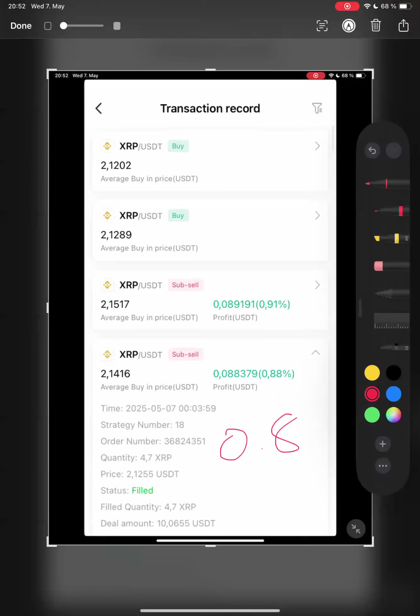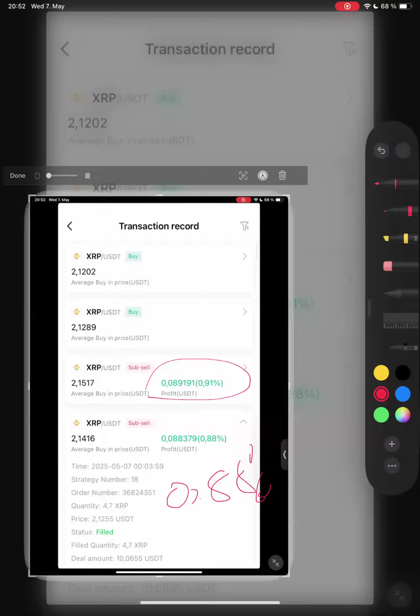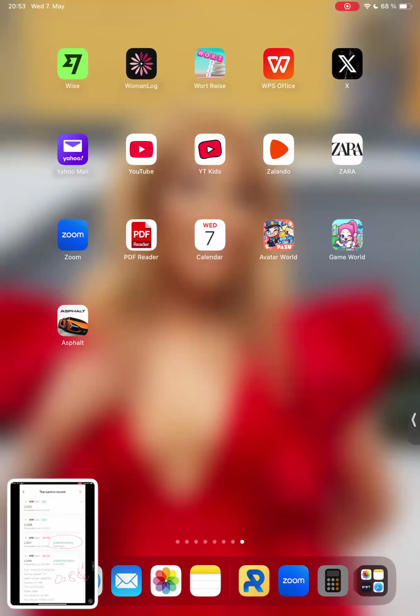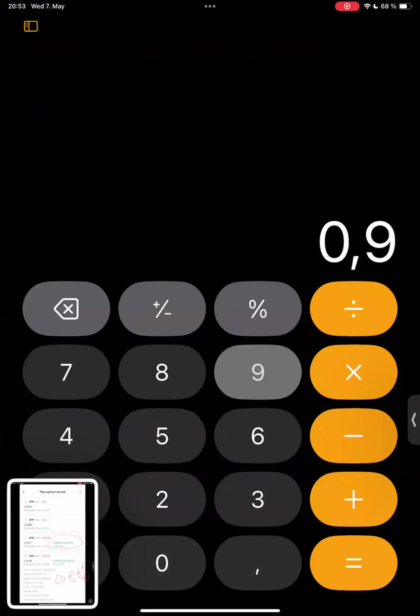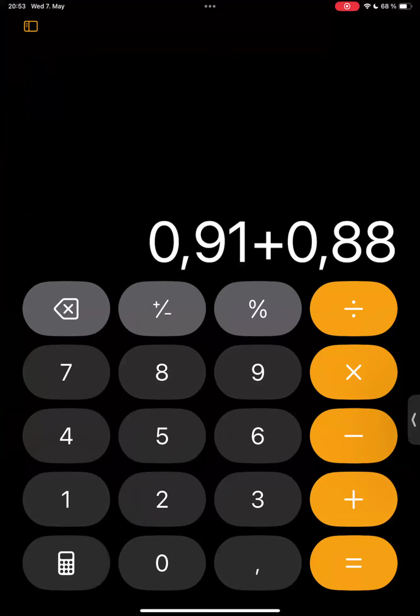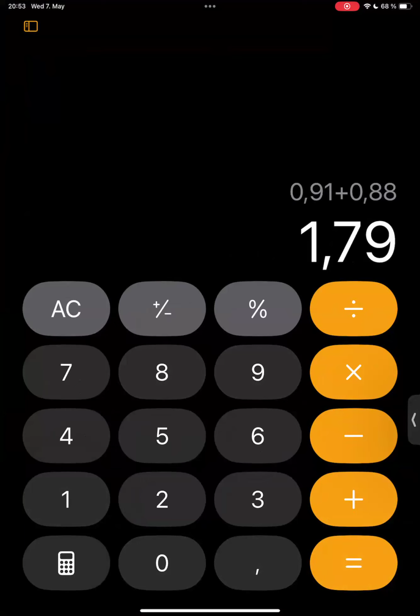So this is 0.88%. Then this is 0.91. Let's add it together. 0.91 plus 0.88. Okay. So this is 1.79%, which is a good percentage.